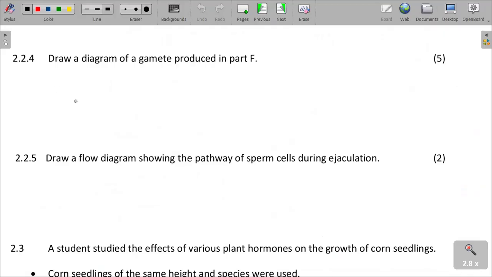A sperm cell has a head. My drawings are not that good, but I will try to draw something that gives you a relatively correct diagram.